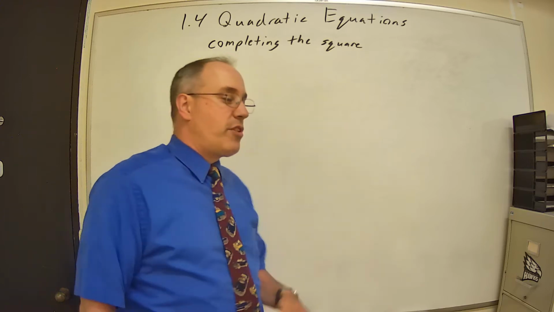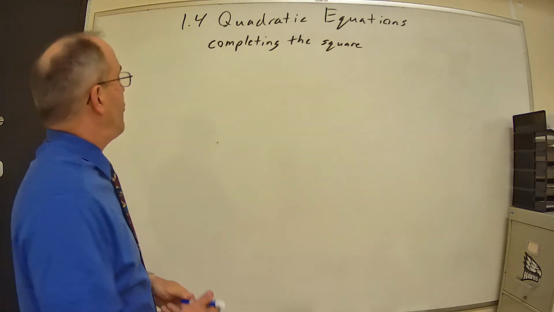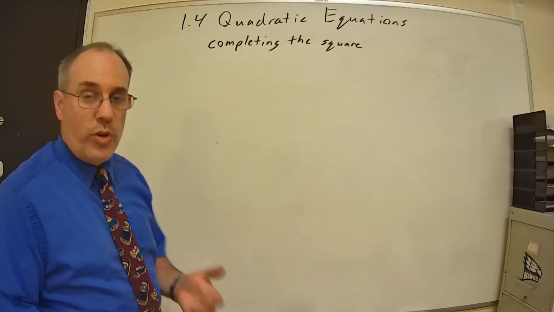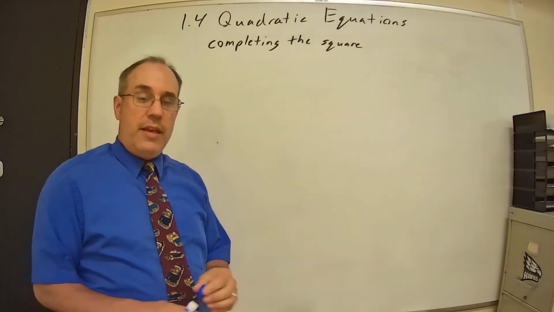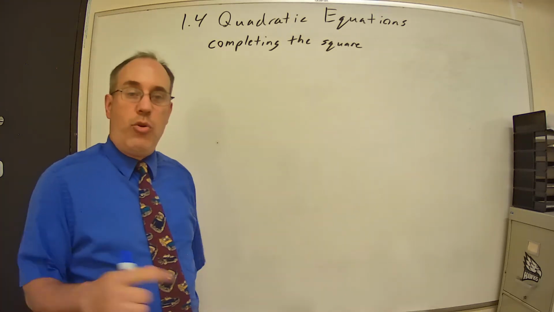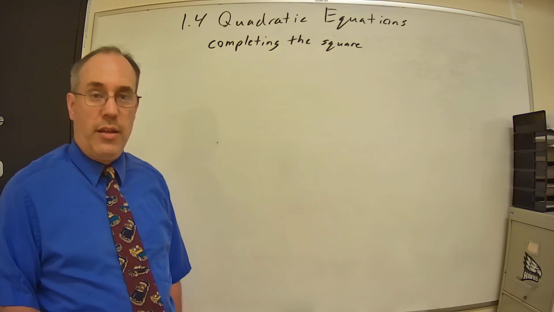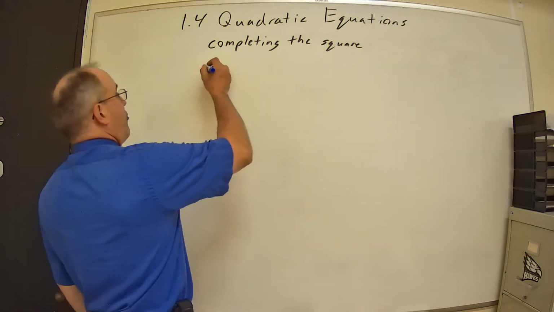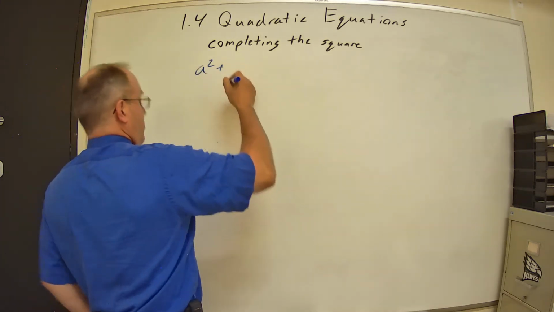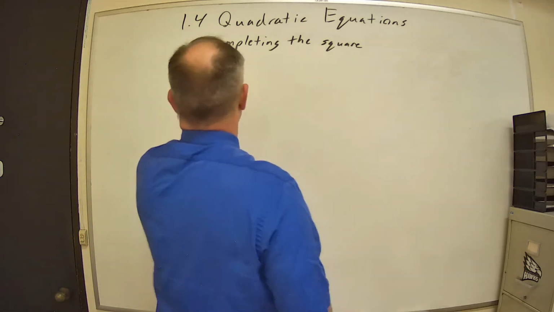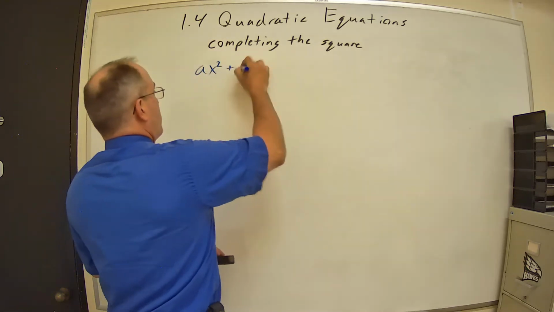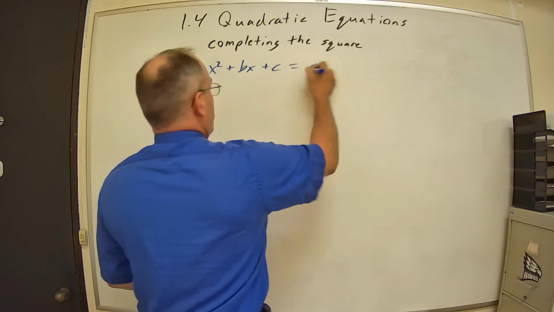So the first thing we want to do when completing the square is get the leading coefficient to 1. Basically, if we have ax squared plus bx plus c is equal to 0.